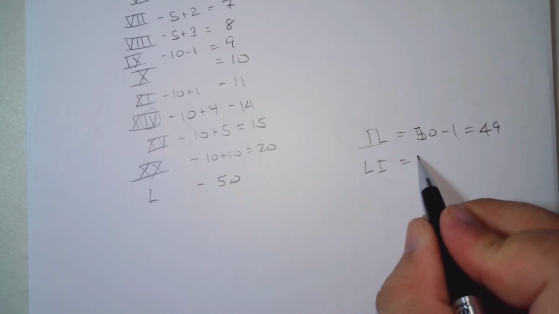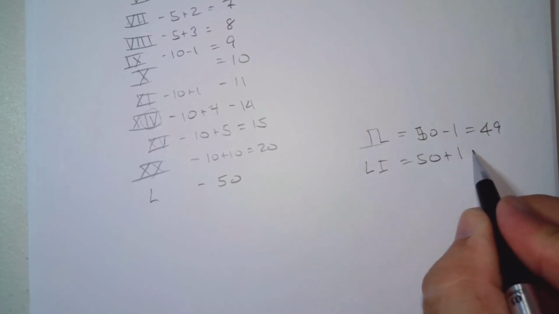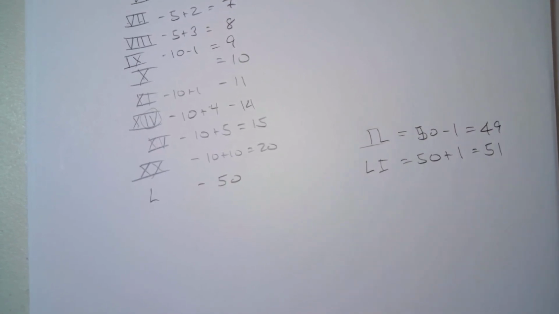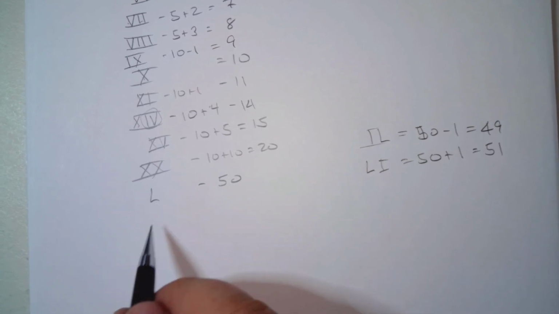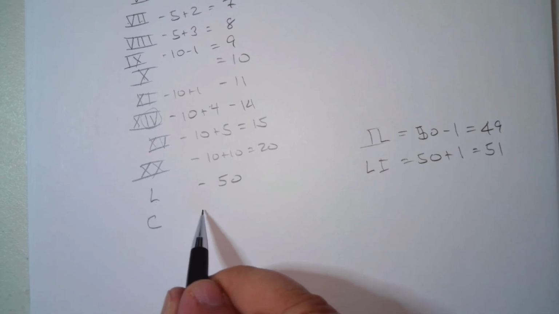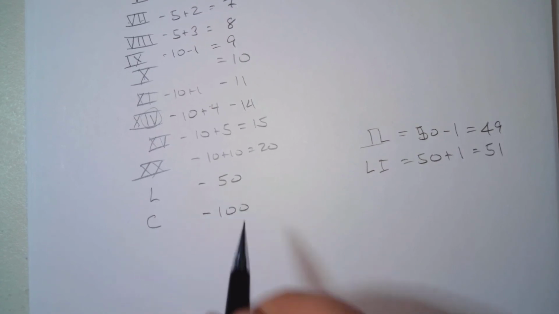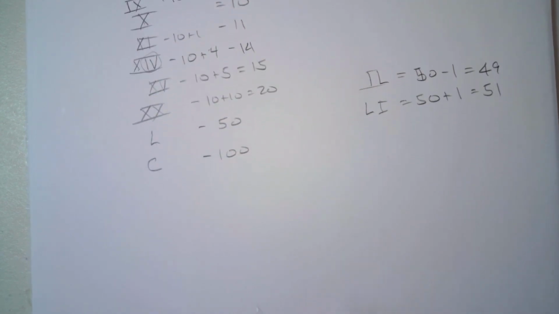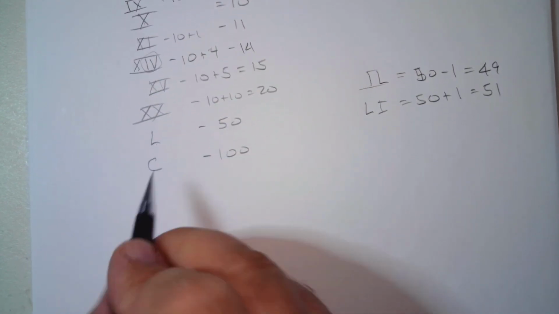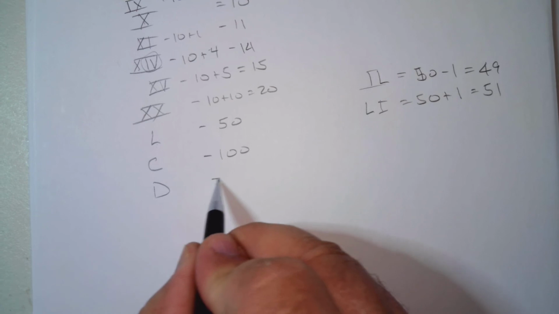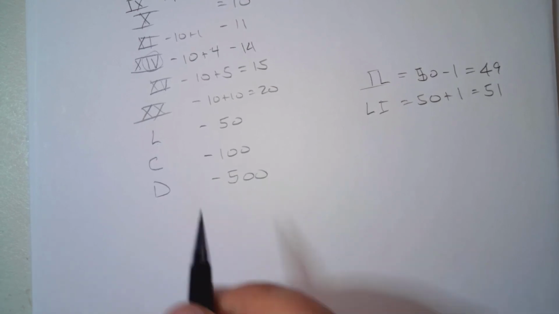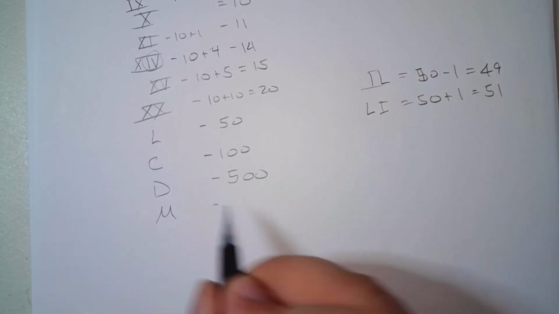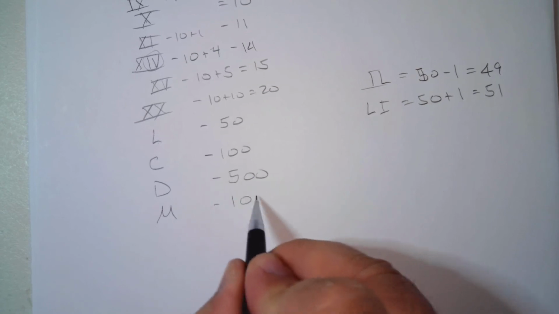LI is 50 plus 1 is 51, and so forth. So L is 50, C for century is 100, or centurion, which is a Roman leader of 100 soldiers. D represents 500, and millennium or milli is 1000.